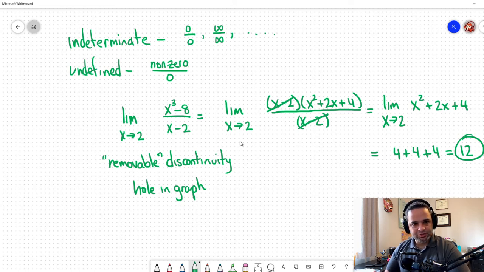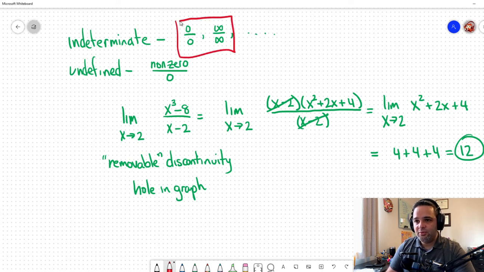But really the point of this video is hammering home how indeterminate is different from undefined. Indeterminate is going to be our 0 over 0 or infinity over infinity. That's what I'm looking for when I see indeterminate.